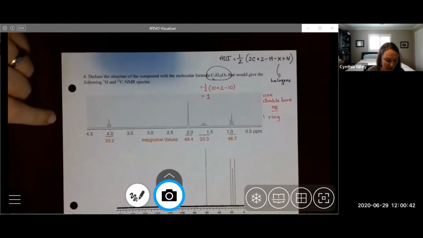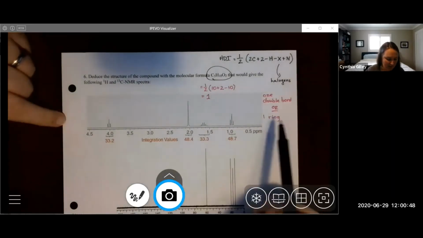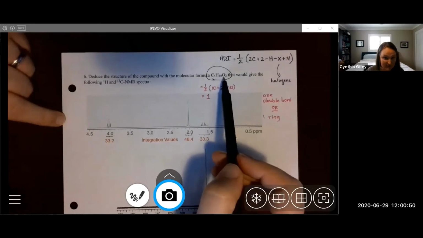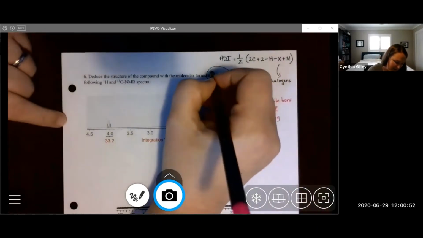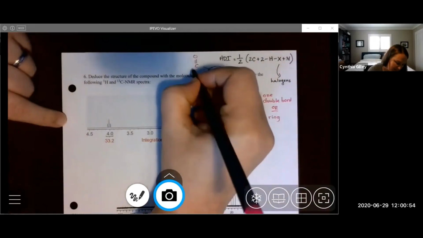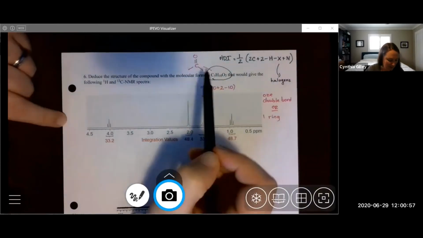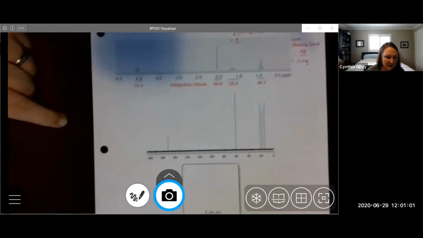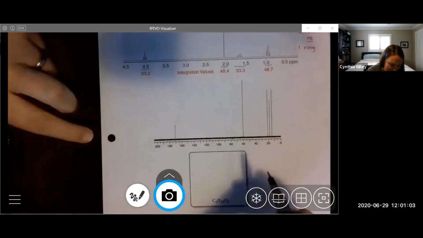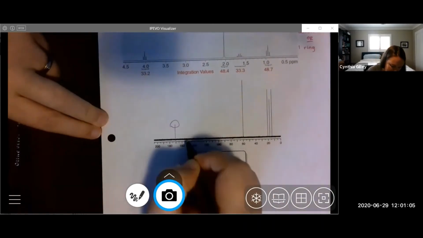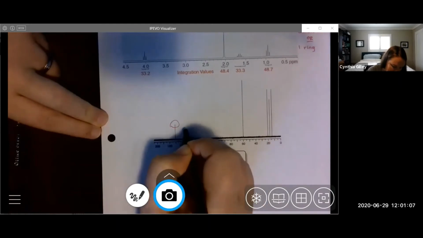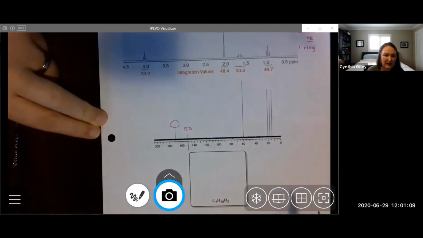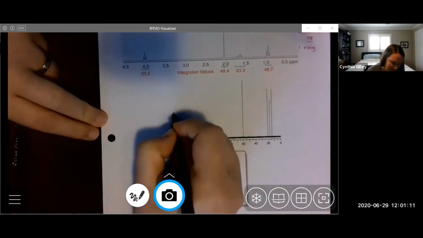Now it could be a carbon-carbon double bond, but even more common is a carbonyl. When you have 1 double bond and you have oxygens, you really want to think about whether this could be a carbonyl. That would be my 1 double bond, and it would take into account an oxygen. So the spectrum shows me a signal sort of to the left of 150, and that means that I have a carbonyl.